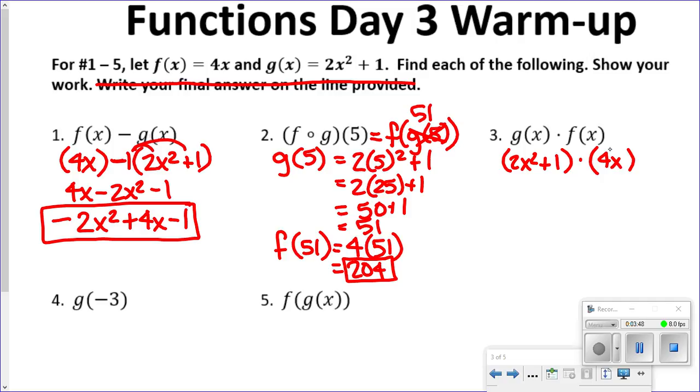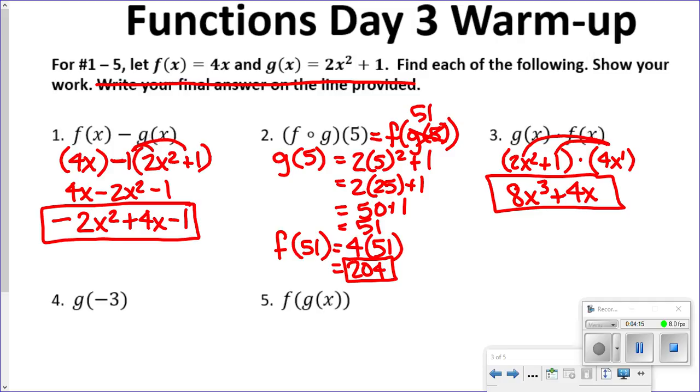So this is a distribute. I'm going to distribute that to both. So you should have gotten 8x to the third power plus 4x. And that's already in standard form, and there's no like terms to combine. So 4x to the first times 2x squared is 8x to the third. Remember, when you're multiplying x squared times x to the first, you add the exponents.